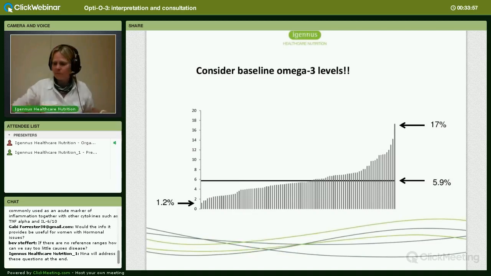So this is why identifying baseline levels is really, really important, because if your baseline level is 1.2, in order to get it up to a nice healthy level of say 8%, 10%, then it's likely that you're going to need a lot more omega-3 than somebody who has a starting level of 5.9.